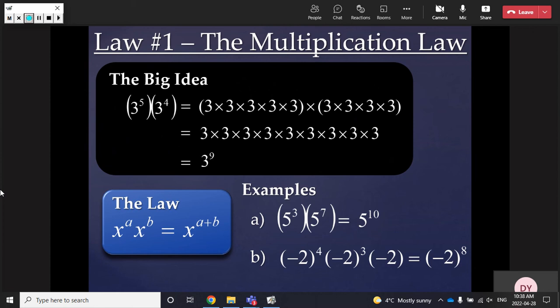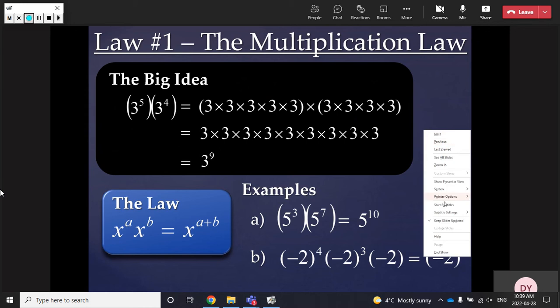Those who didn't hear that, Quinn said, yes, we have the exponents 4 and 3, and this last one, this negative 2 without an exponent, we should know that there is an imaginary exponent 1 there. So maybe what I'm going to do with my pen is try to write it here. It's always a surprise with this thing.